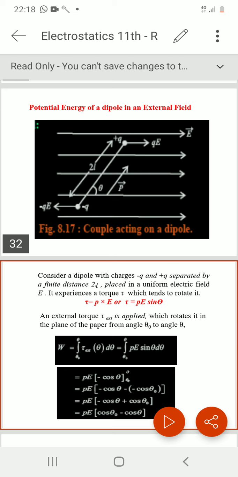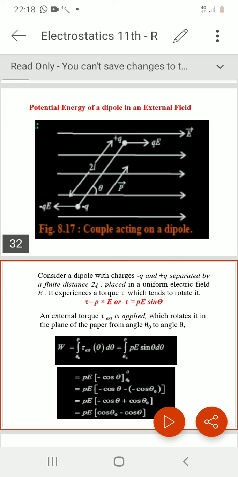Integration limits run from theta 0 to theta. Now what is P? P is the electric dipole moment, it is a constant. Capital E, it is an electric field, it is also constant. So take P term and E term out of integration. So integration of sine theta d theta, integration limits run from theta 0 to theta.